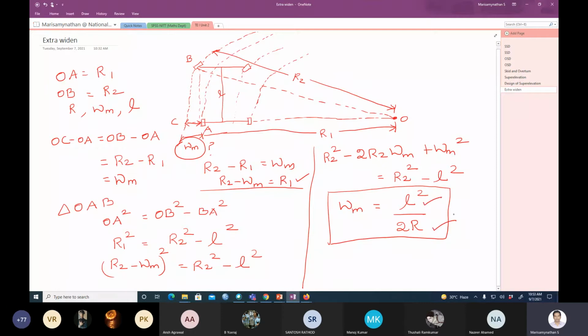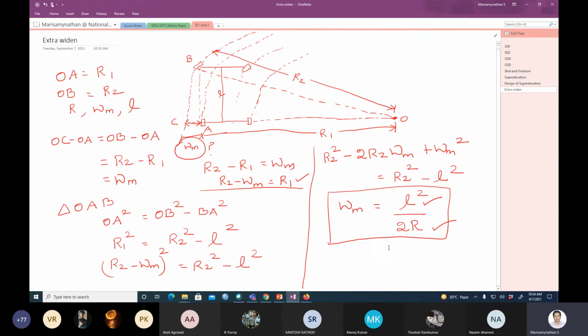So in case a problem asks for the mechanical widening, you might know the length of the wheelbase. Basically we usually assume it as 6 meters. The radius will be given in the problem, and when you apply the equation you get the mechanical widening. So the mechanical widening estimation is relatively simple.